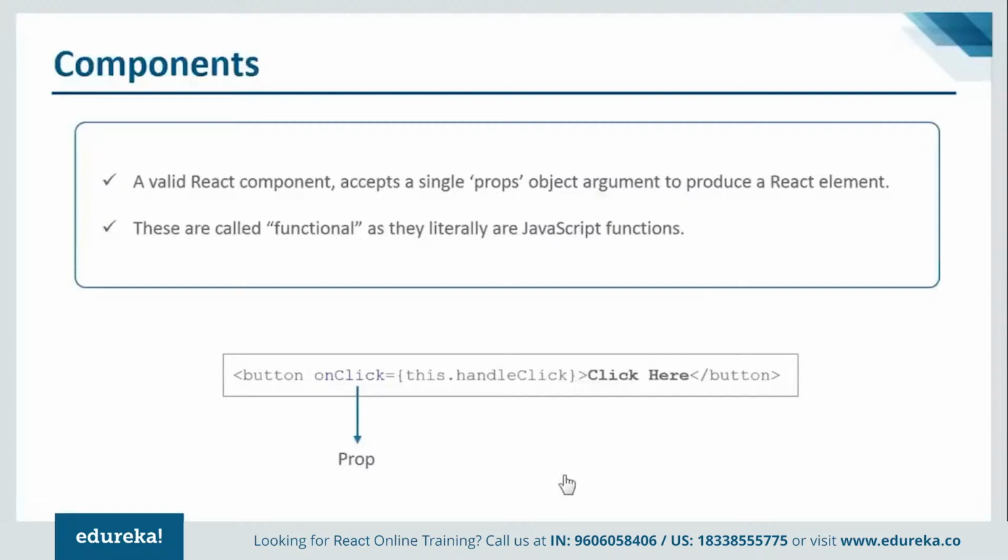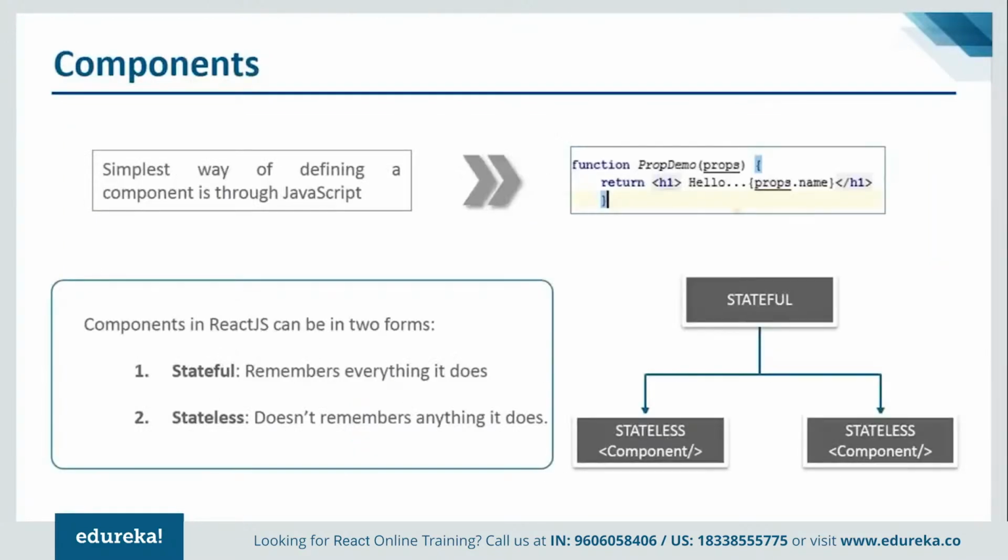So that's why these are called the functional elements. In addition to this, we can simply define a component through JavaScript. As you can see, here we are creating one function which is named prop demo. It is accepting one props and then it is returning one HTML representation. So this is how the components work.